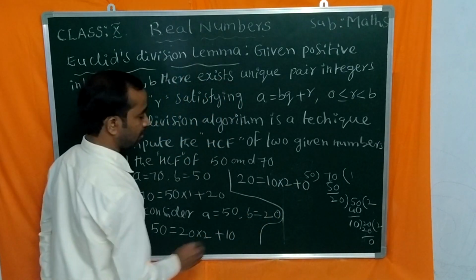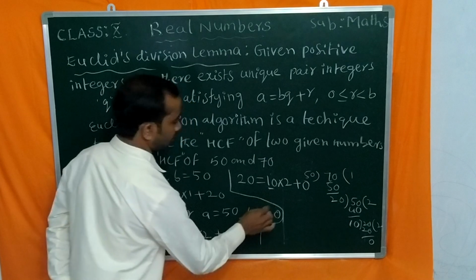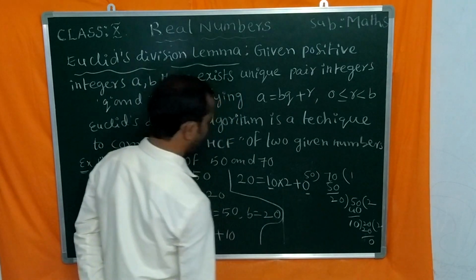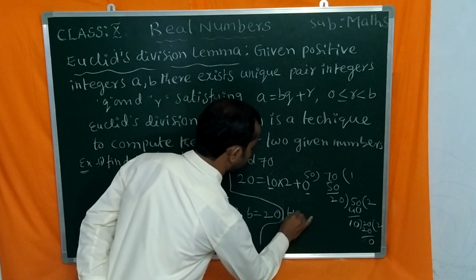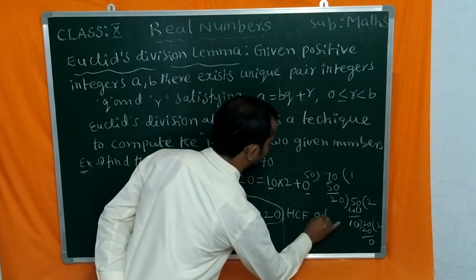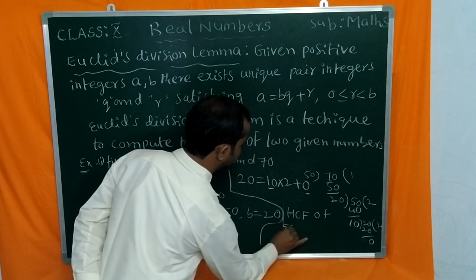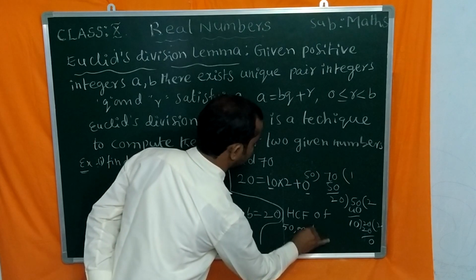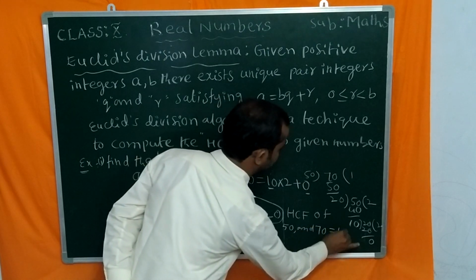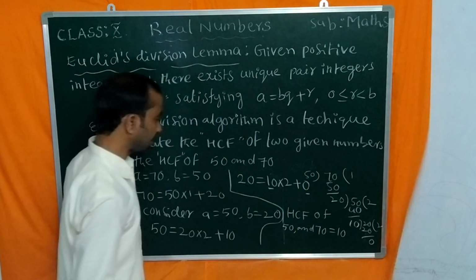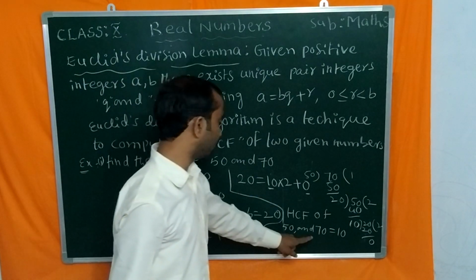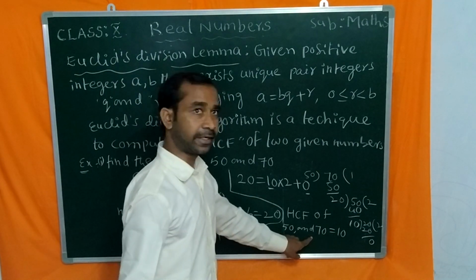So here the divisor is 10, remainder 0. So the HCF of 50 and 70 equals 10.